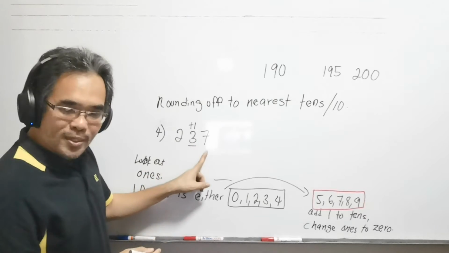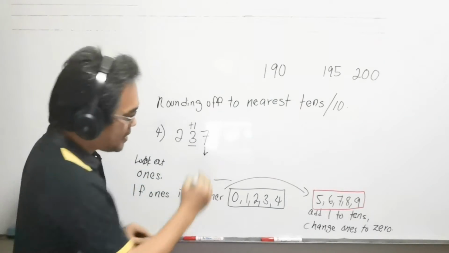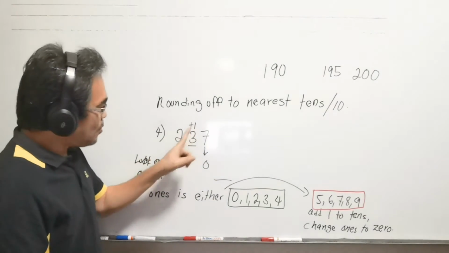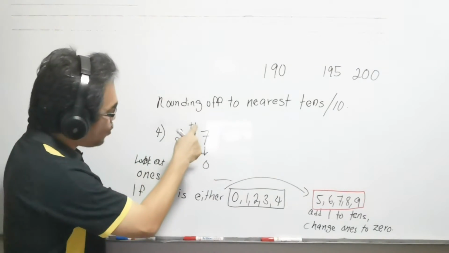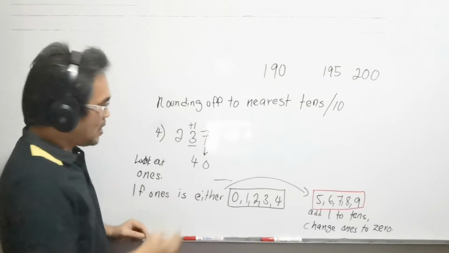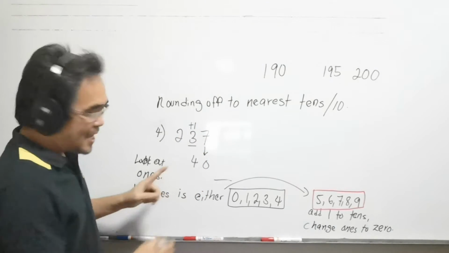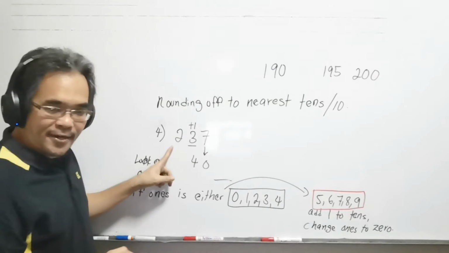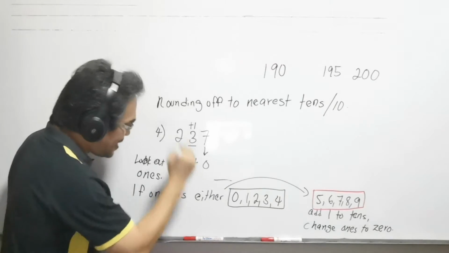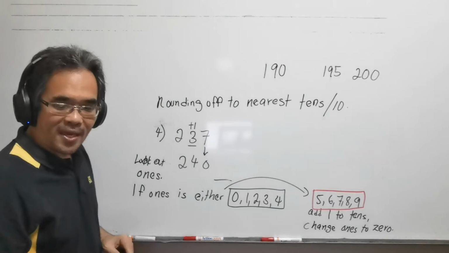So what do we have to do with 7? Yes, correct. Then we add here. 1 plus 3 is what? 4. So what is the answer? And what do we do with 100? Just copy it. Do you understand what is copy?